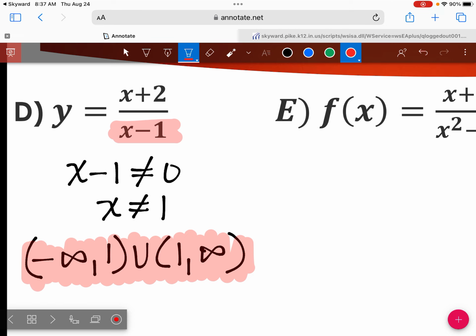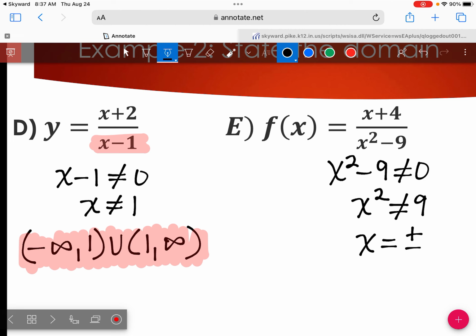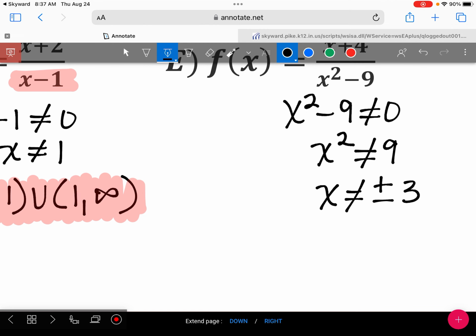For question E, though, we have a quadratic, which simply means that we have more than one number that we have to exclude. So x squared minus 9 cannot equal 0, which means x squared equals 9, and when we take the square root, we get plus and minus 3. x cannot equal positive or negative 3. So I'm going to graph this one out so you can see it.